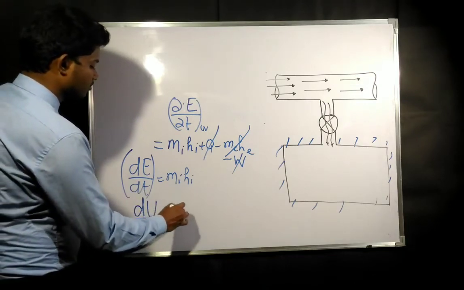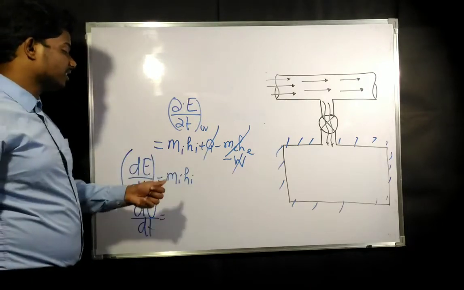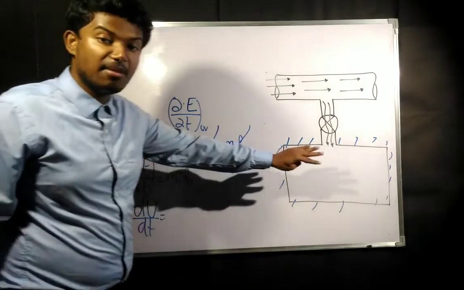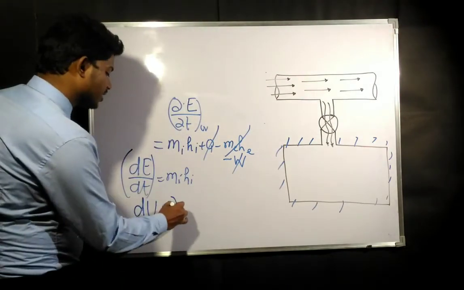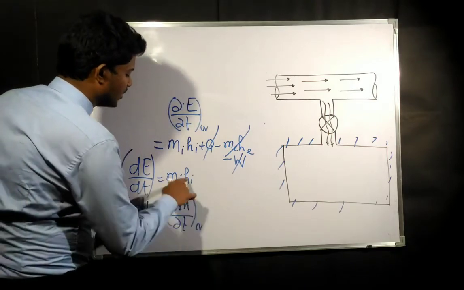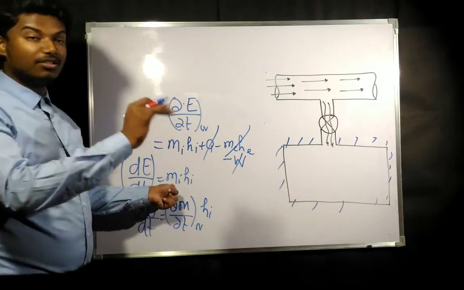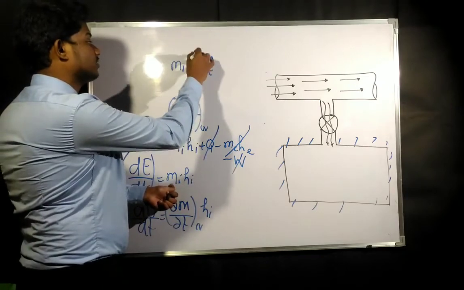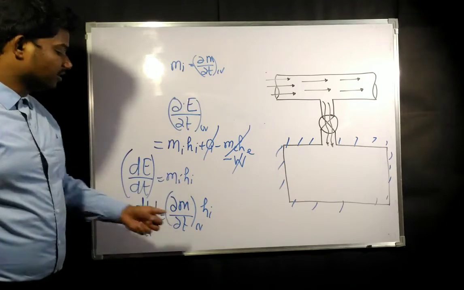So dU by dt is equal to mi into hi. And mi, as you have seen in the mass balance for the same case, was the same as dm by dt for the control volume. So we have replaced mi by this.